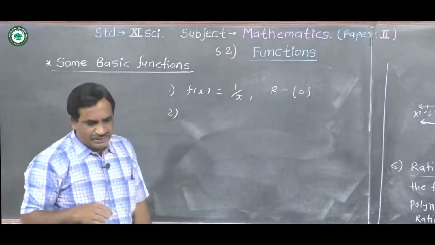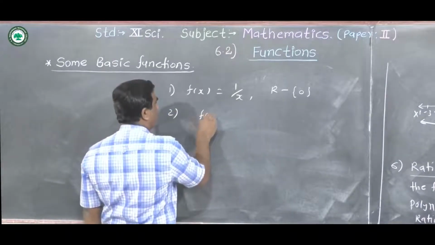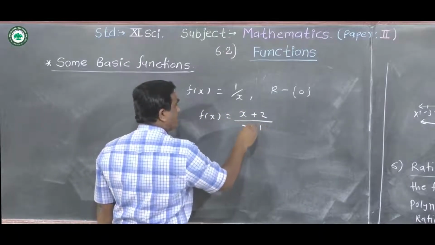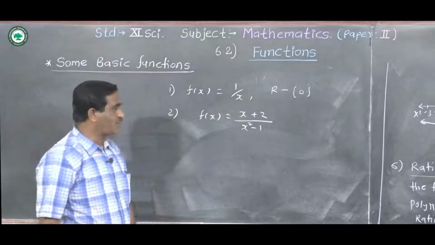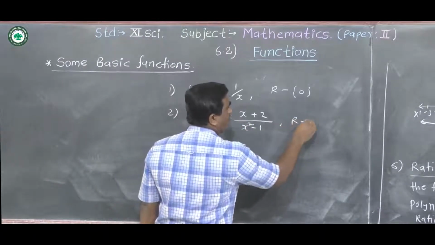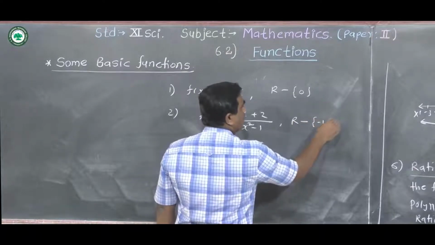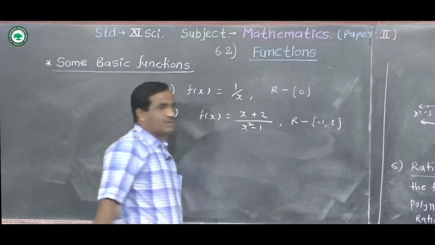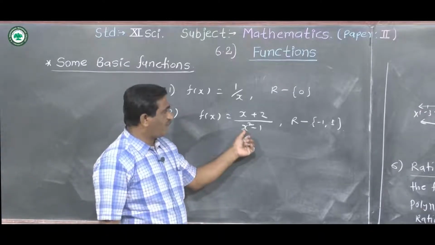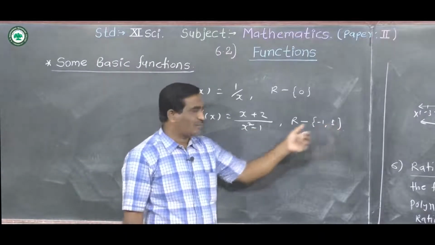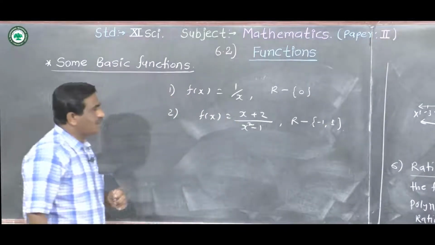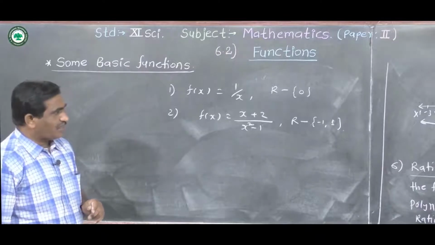Second function is again f of x equal to x plus 2 upon x square minus 1. This is also a rational function for interval R minus 1, 1. We cannot take values of x as minus 1 and 1 because the denominator becomes 0. Okay, this is the basic function, rational function.